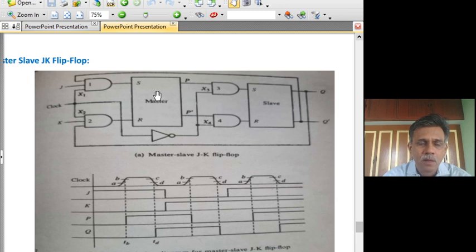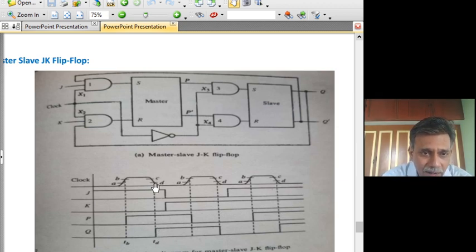Whatever the master was having, that is P, the output of the master P will be available, and at D these two gates are opened up, so P will affect the functionality of the slave flip-flop and Q will then get affected. So again we first isolate the master and then open up the slave, in the reverse order.